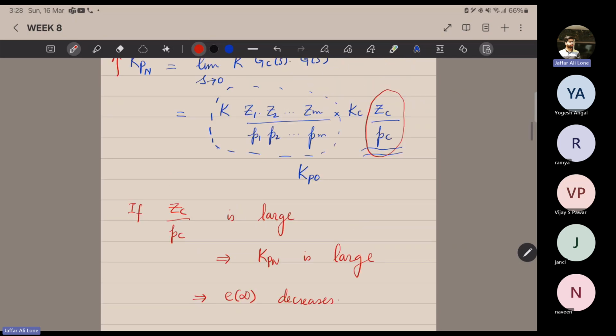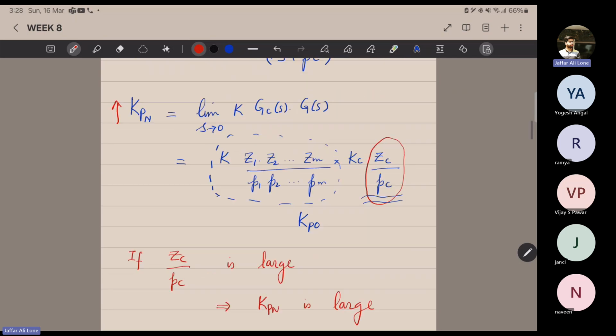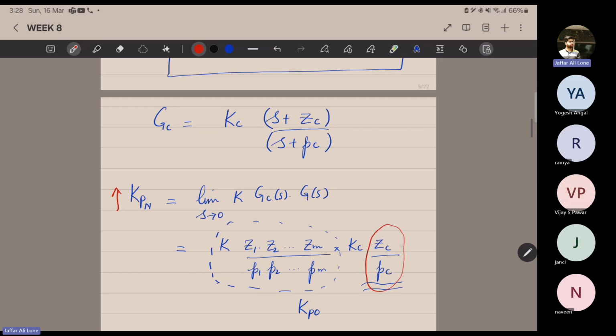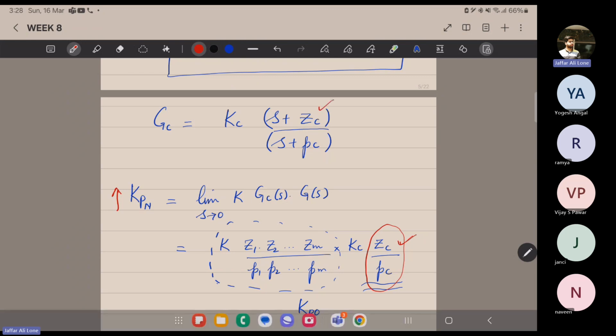So basically in case of a lag compensator, we have to design it in such a way that this ratio Zc over Pc is large. Because when this is large, Kpn will increase, and when it increases, the steady state error will decrease. But if you see here, Zc is a zero, and Pc is a pole.